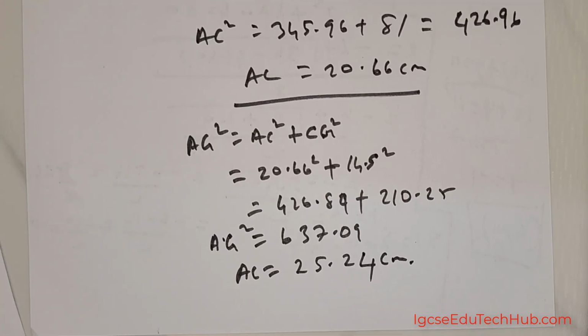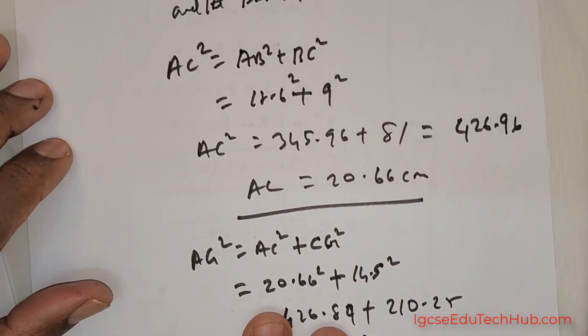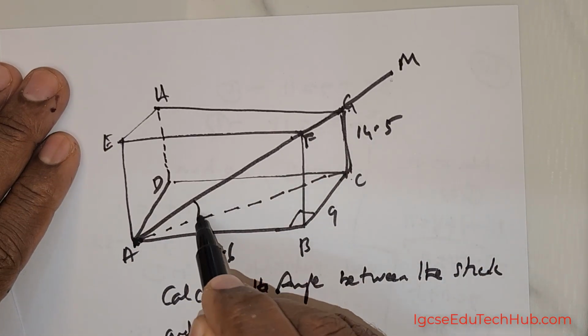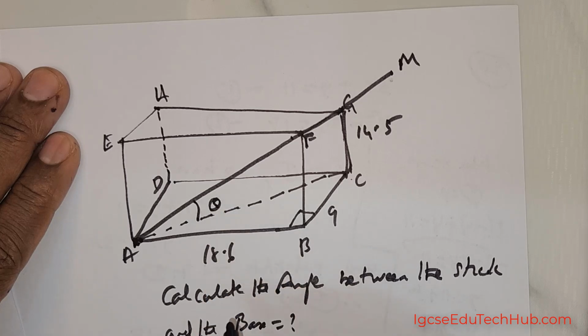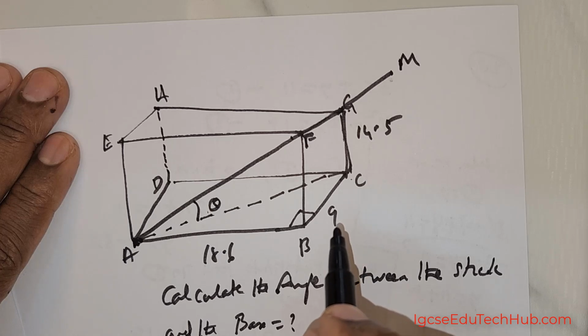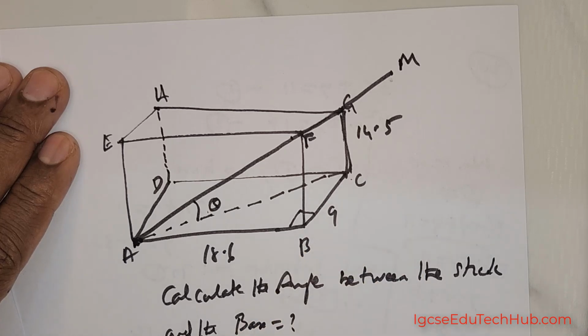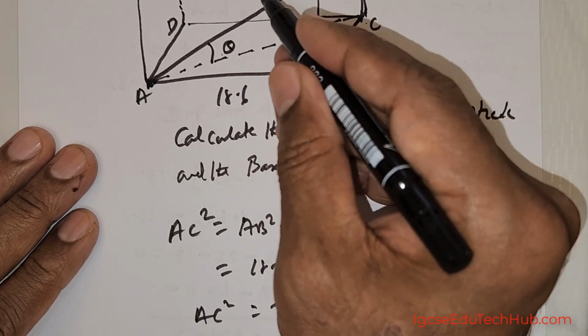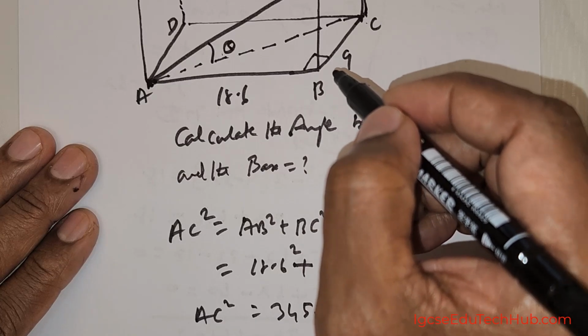Now, this is not the end of the question. The end of the question actually wants us to find the angle that the stick makes with the base. Okay, so this theta is required. So to get theta, I can actually use the adjacent versus the hypotenuse, right?